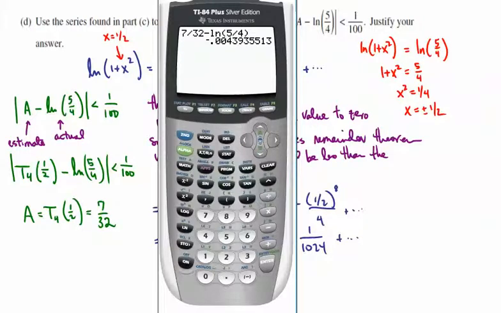So all we needed to do was use the first two terms of that Taylor series evaluated at 1/2 in order to get an error that was less than 1/100th. And hopefully this is clear. I'll leave a copy of that screen on the printout, and that'll do it for this problem.